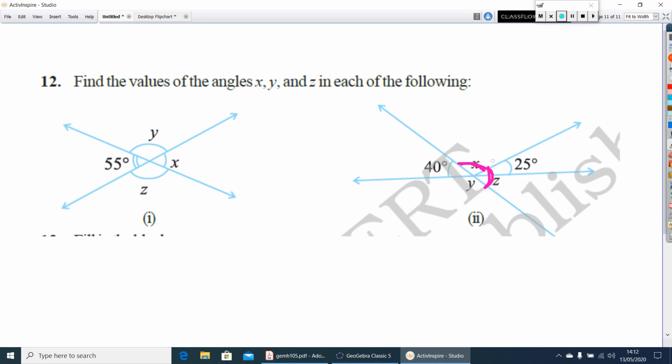Then to get x, you subtract the sum of these two angles from 180, you will get x. Now y also, 40 plus y you will get 180 degrees. So to get y, you subtract 40 from 180, you will get the value of y.